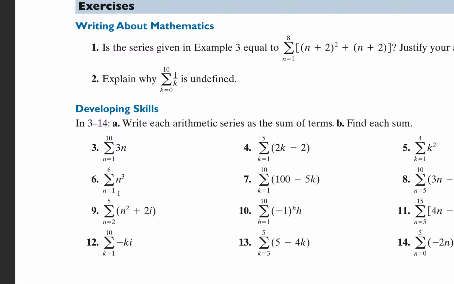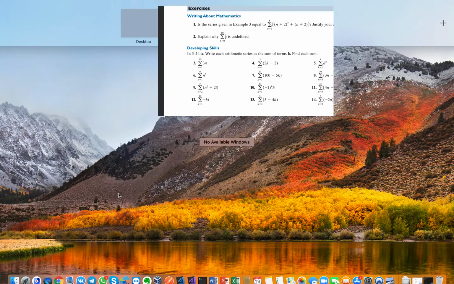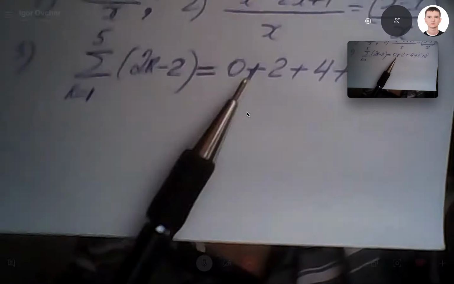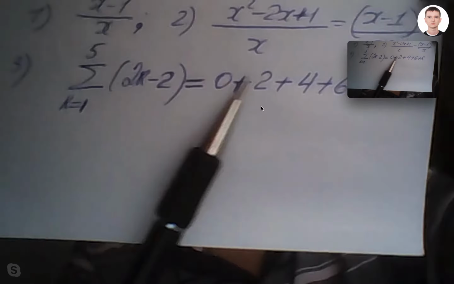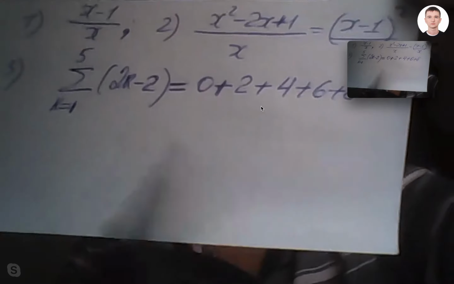And you keep going until you get the fifth term, which is 8. So your sum is the sum of 5 terms: 0 plus 2 plus 4 plus 6 plus 8.